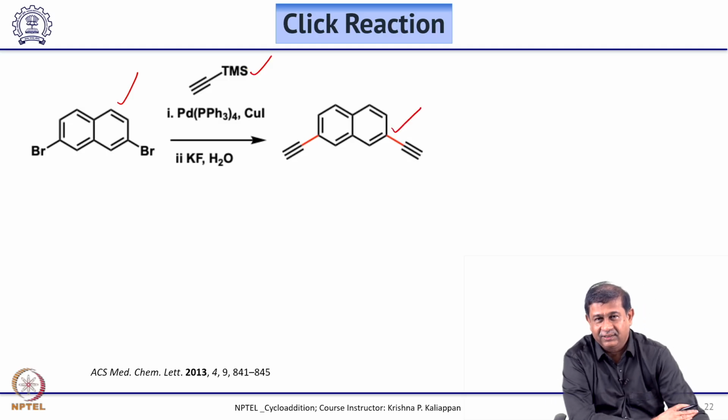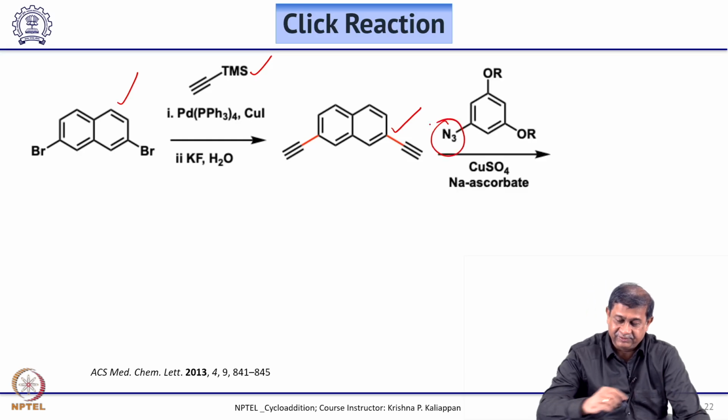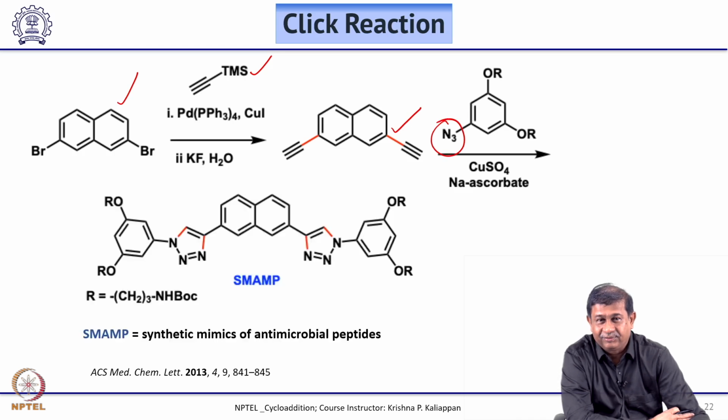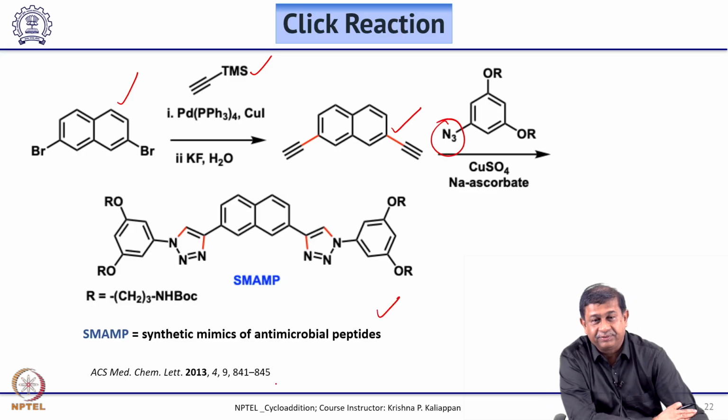Now this bis alkyne, if you treat with excess azide, okay, for example this type of azide under click chemistry condition, now it can form bis triazole. Okay. And it is known that this type of compounds can be the mimic of antimicrobial peptides.